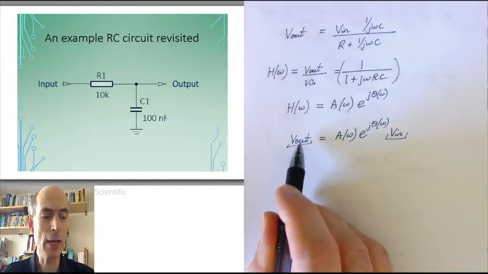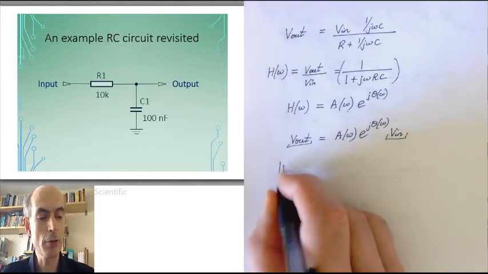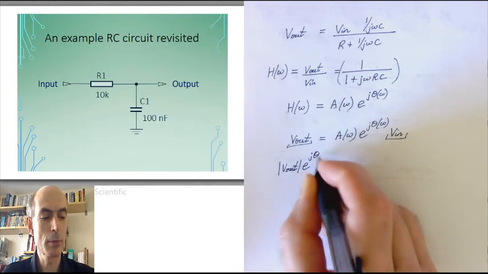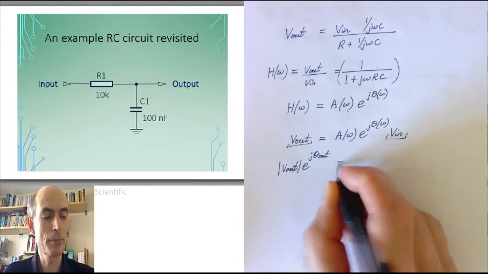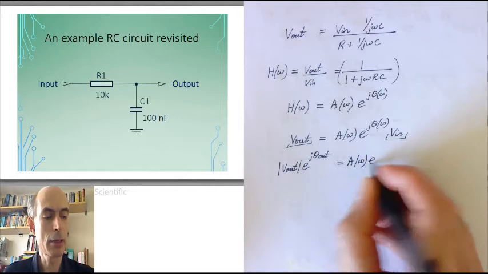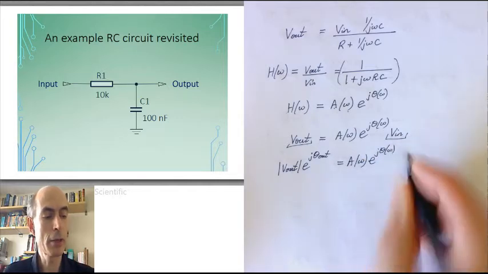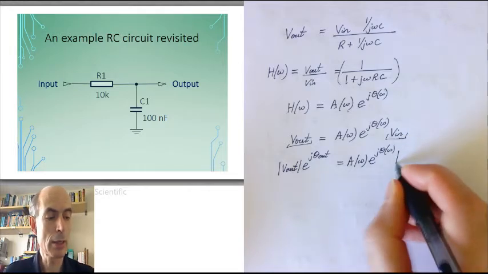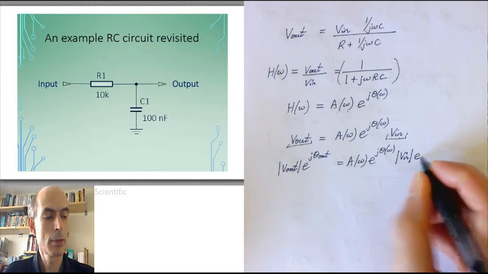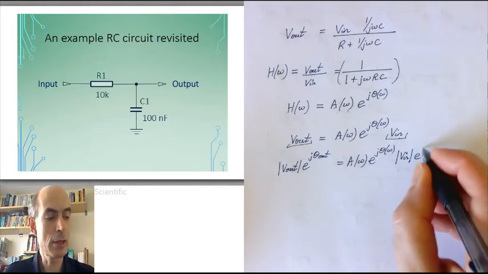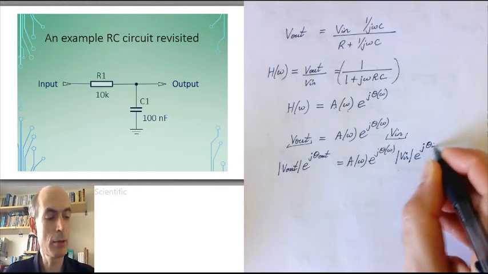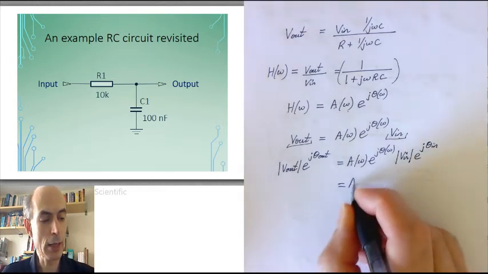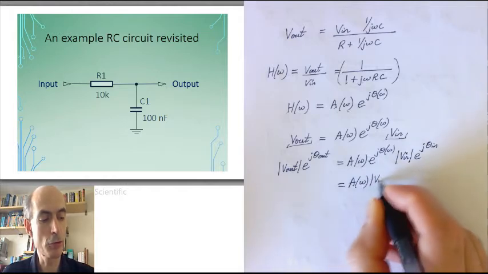If I expressed the phasor V out as the magnitude of V out times e to the j theta out, and do a similar thing with V in, expressing it as the modulus of V in and the phase of V in, e to the j theta in, I could rewrite the right-hand side of this equation as A of omega times the modulus of V in.